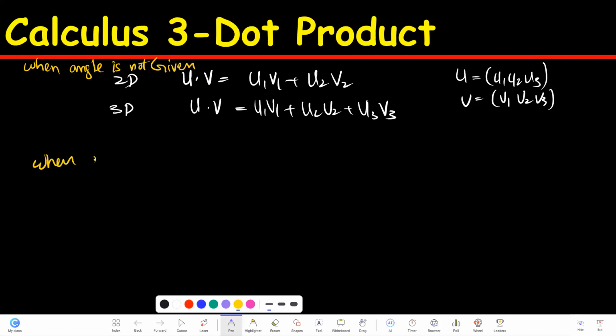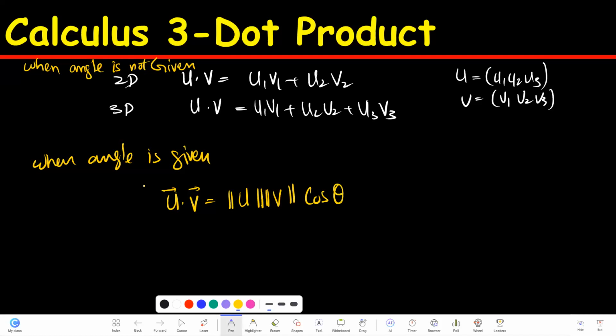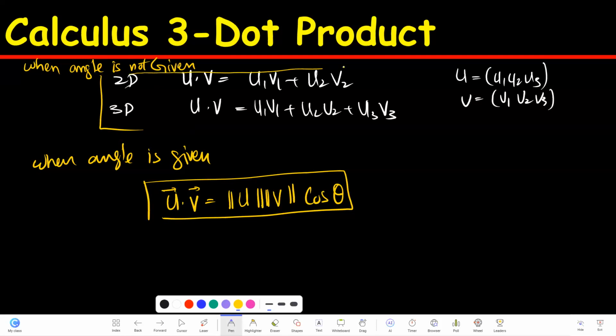When the angle is given, you're going to be using this: u dot v equals the magnitude of u, the magnitude of v, and then cosine theta. We're going to be using these two formulas when the angle is given and when the angle is not given. Make sure you know when the angle is given and when it is not given.